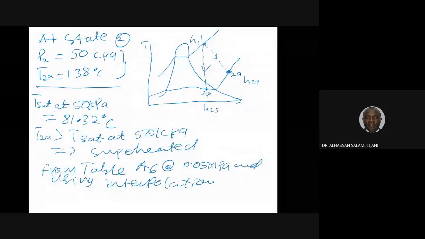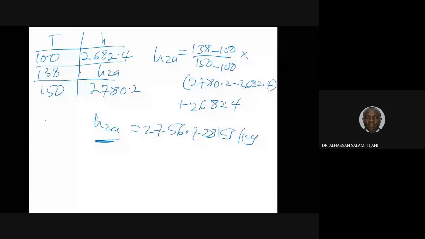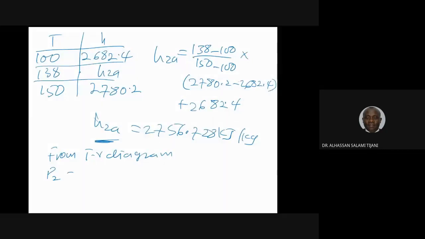So from the TV diagram, we'll have P2 equals 50 kilopascal, and S2S equals S1, and this gives me 7.3127 kilojoules per kilogram per Kelvin.